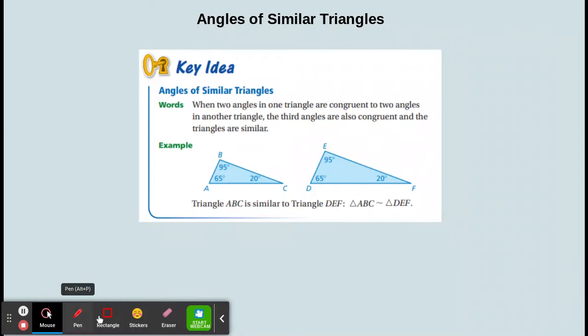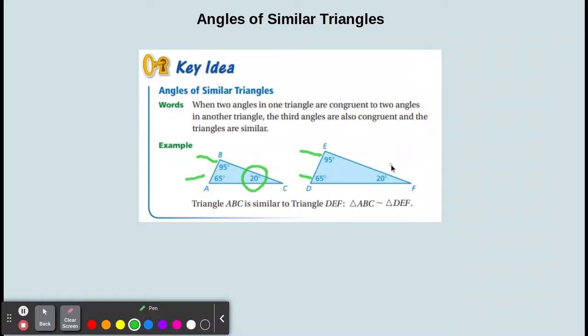In a set of similar triangles, if you have two angles in one triangle, this angle and this angle, that are congruent to two angles in another triangle, 95 and 65, then the third angles must also be congruent, and then the triangles are similar. Two angles congruent makes the third one congruent, makes the triangles similar.